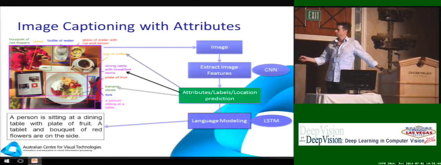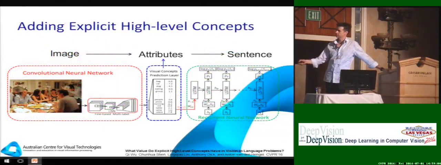That then goes into the LSTM, which does the language modeling, and that generates a much better outcome than you get if you go straight out of the image feature. You could think of a bunch of reasons that might happen. So this is the process: you run the CNN, but those features go into a bunch of classifiers which correspond to the attributes. Each of those classifiers is activated to a certain extent. You pass this activation vector into the LSTM, which does the sentence generation.